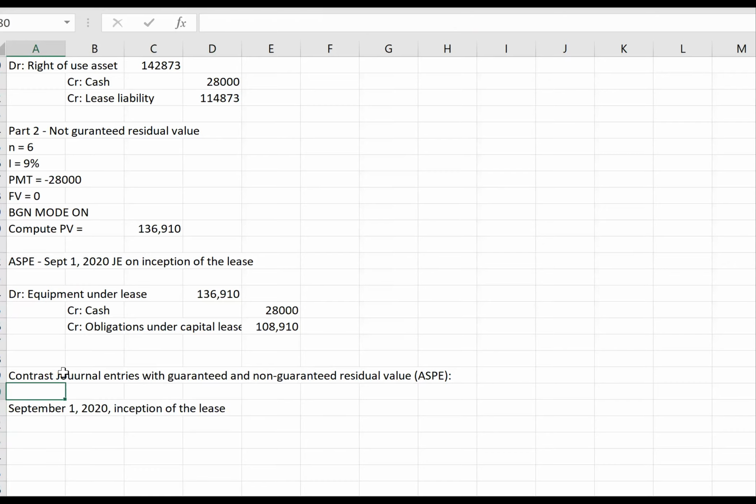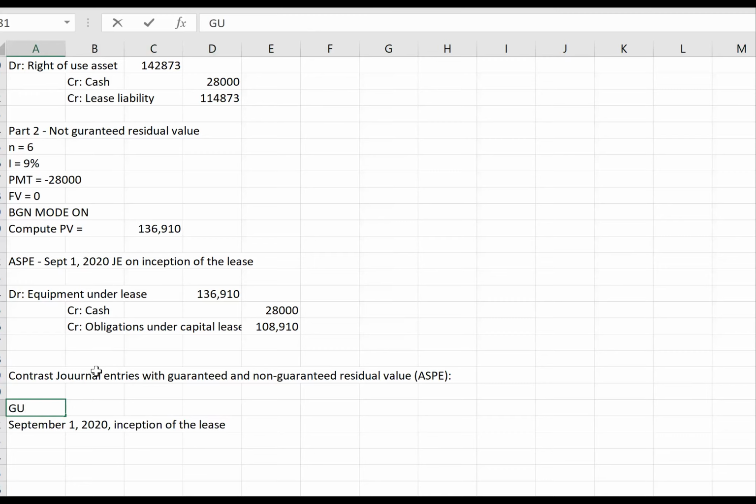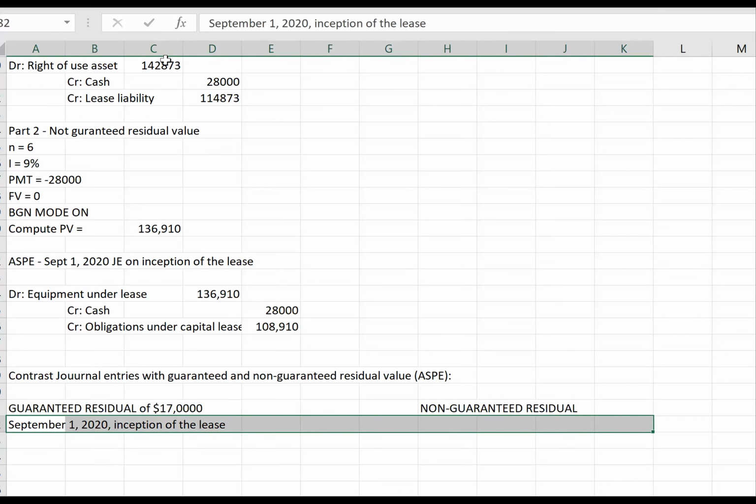So actually here, let's make 2 columns. So let's make this guaranteed residual of 17,000, and this is a non-guaranteed residual. Move it over here. Non-guaranteed residual. Okay, so at September 1st, the inception of the lease, which is going to apply to all of this.